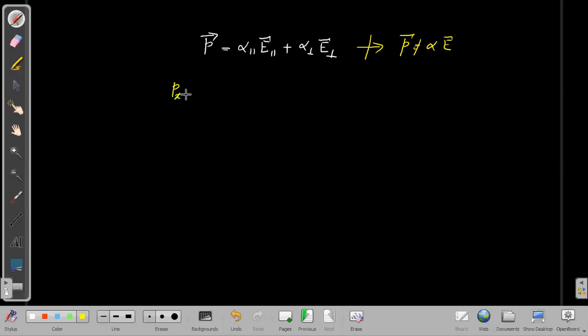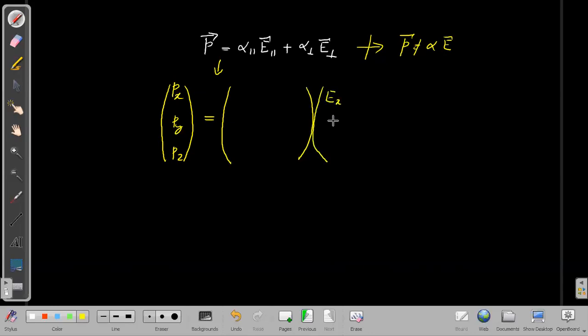I can write this equation as Px, Py, Pz, which is a column matrix, equal to some square matrix times Ex, Ey, Ez.